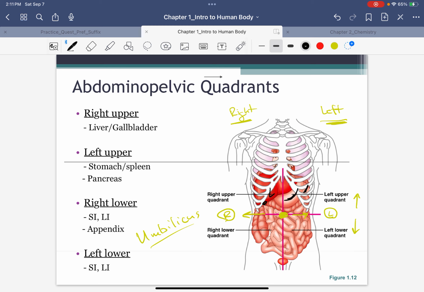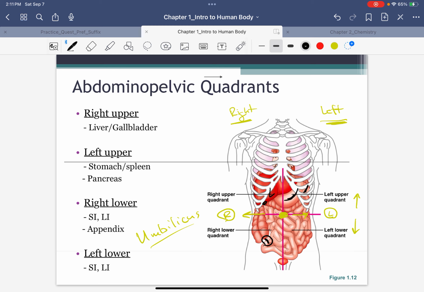The lower quadrants have the small and large intestine, obviously. Of note, I want to point out the lower right quadrant has the appendix. That little dangly thing is the appendix, lower right. So if someone had sharp pain in their lower right quadrant, we might think it is appendicitis.